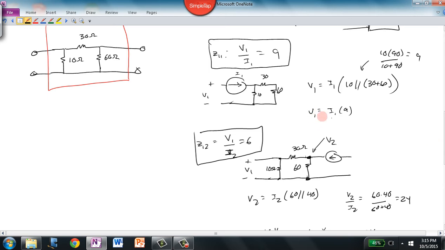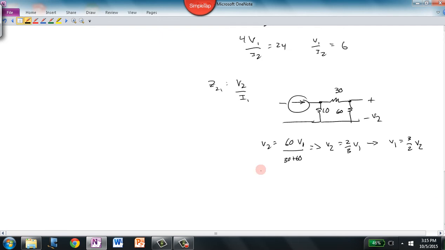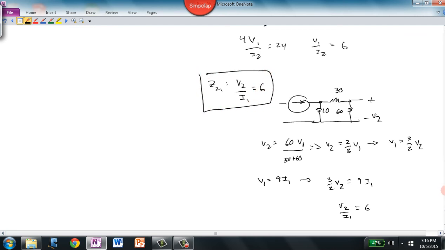So I've got V1 equals 9I1, and in that same circuit I can just put in 3/2 V2 is equal to 9I1, and then I can solve for V2 over I1, and it gives me the value of 6. So that gives me my third of the impedance parameters.